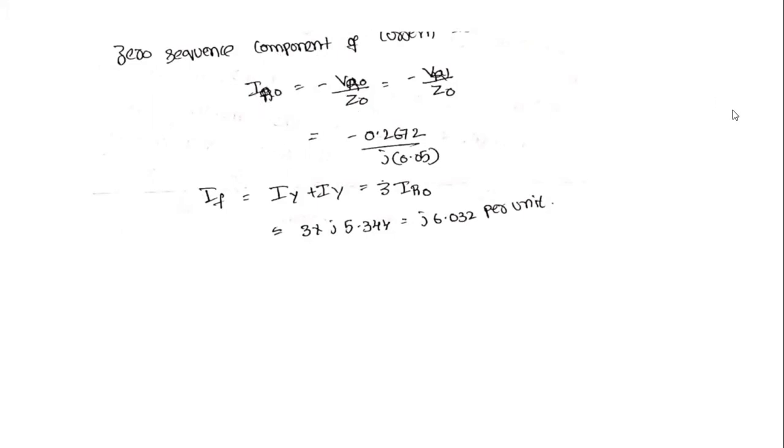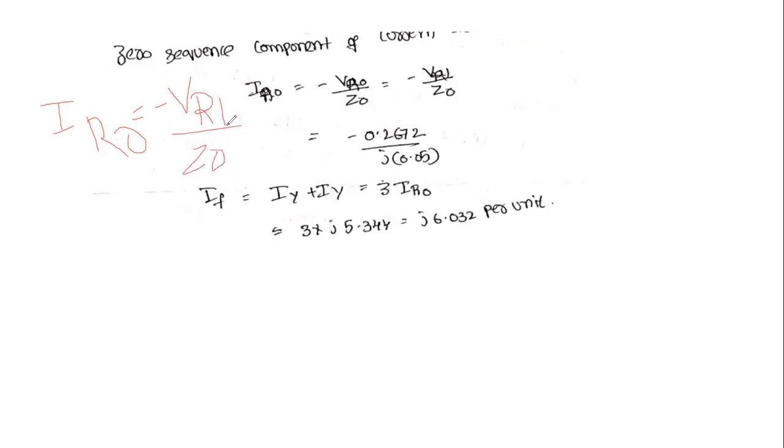Write down the formula for the zero sequence current for the R phase. IR naught is equal to minus VR0 or VR1 by Z0.